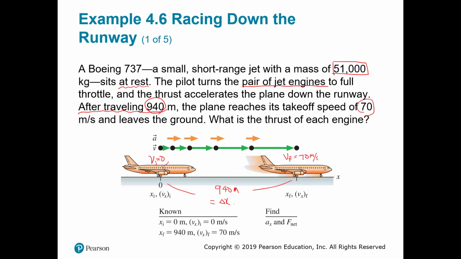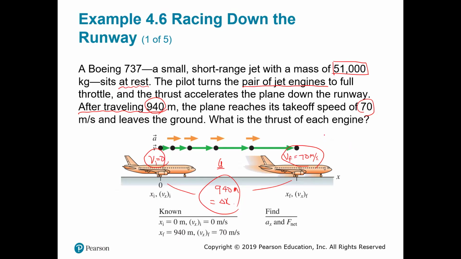So basically you have three parameters. This is actually what you did in chapter 2. You have three parameters and you're looking for the acceleration. In order to find the acceleration, you have to find the equation where t is not involved.